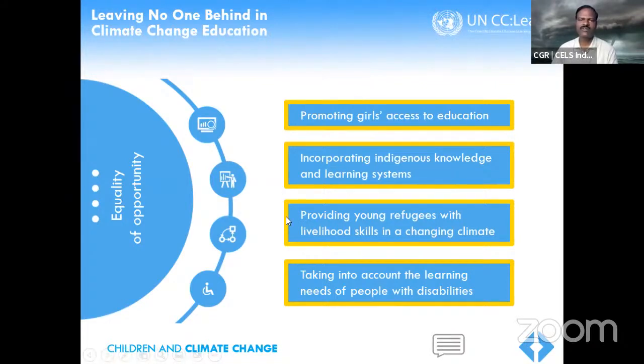Providing young refugees with livelihood skills in a changing climate. Young refugees means along with parents, the children also move to some other place. So these livelihood skills would change sometimes from place to place. So how to adopt the new skills, and taking into account the learning needs of people with disabilities.